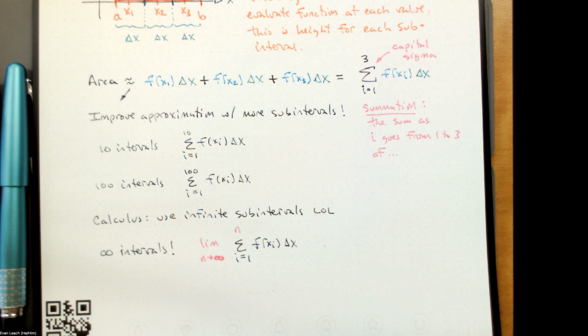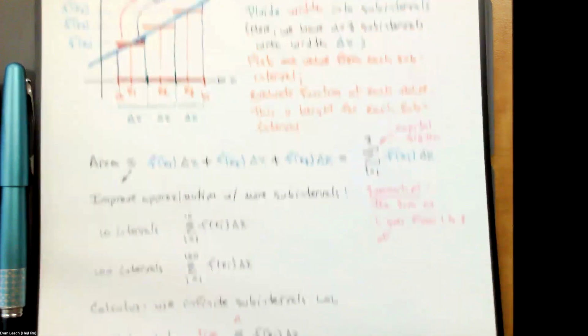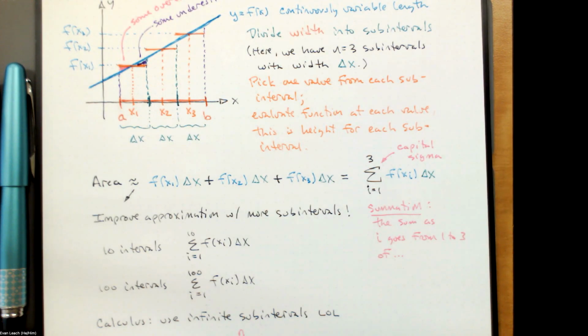This is the area version of finding the slope of the tangent line by finding the slope of the secant line and just bringing those 2 points infinitely close together. Here we're just using an infinite number of intervals. Now the weird thing is that this delta x, they're becoming infinitely thin, but they're clearly not becoming 0, because if the width is 0, then we just get 0. And we can clearly see that there is definitely some area here.